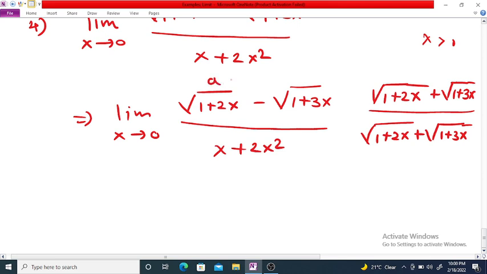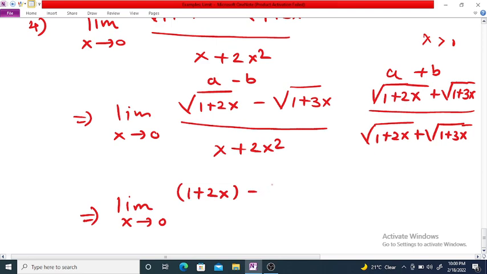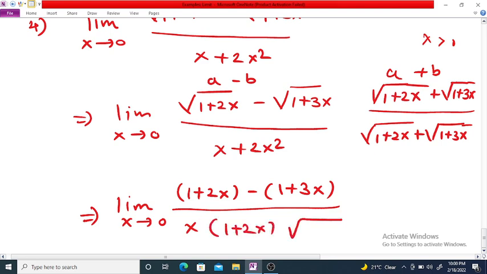So this is a minus b, and a minus b times a plus b is equal to a square minus b square. So this is limit x tends to 0 of 1 plus twice x minus 1 plus thrice x divided by x. If we take x outside, it is 1 plus twice x times the bracket of under root of 1 plus twice x plus under root of 1 plus thrice x.